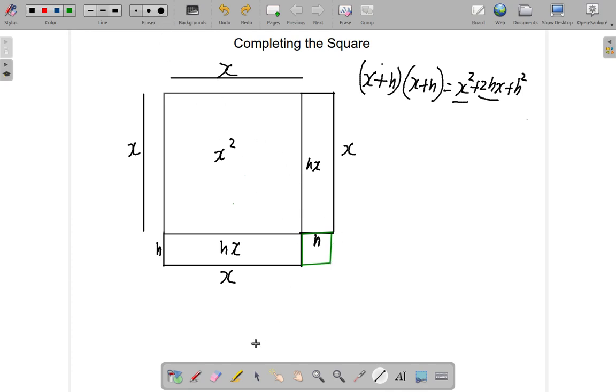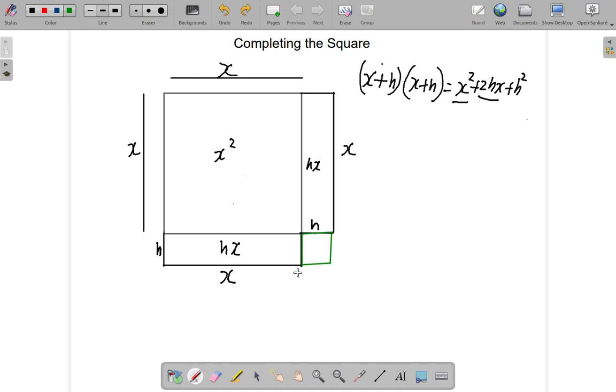I want to get rid of this little h that is here. Let me put this h up here instead. I don't want to confuse it with anything that I'm going to write in my little square. So now I have my little square here in green. What are the dimensions?